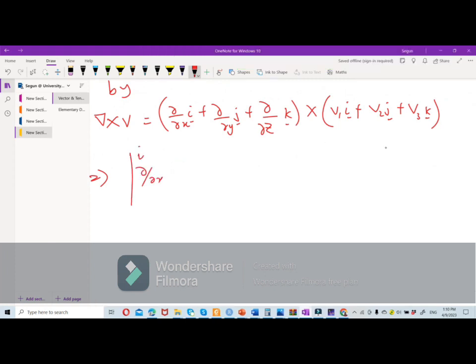D dx v1, j is d dy v2, k v3, which implies we can now solve it using the determinants theorem.